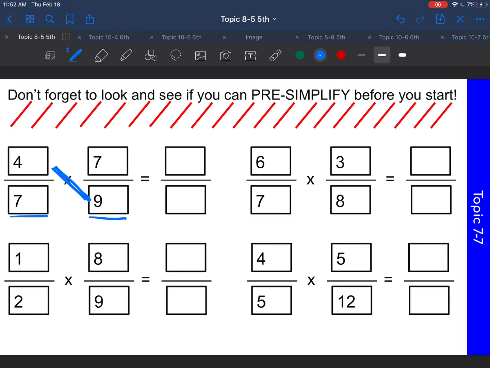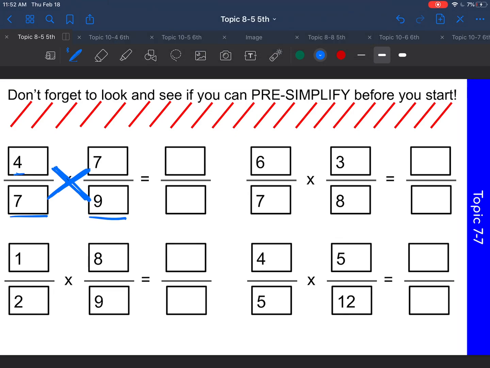And it has to be the same number that both of them can be divided by. Well, the factors of 4 are 2, and 4 and 1. And none of those numbers can go into 9. So we can't do anything with 4 and 9. But if we look this way, what can 7 and 7 both be divided by? They can both be divided by 7.